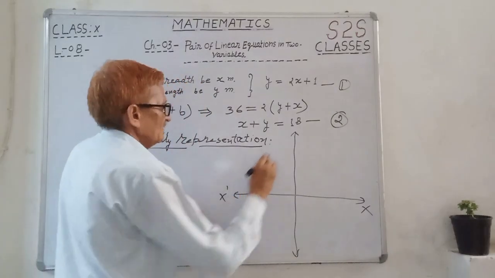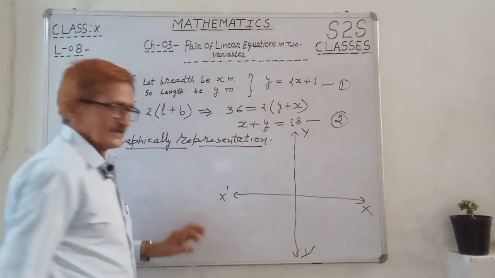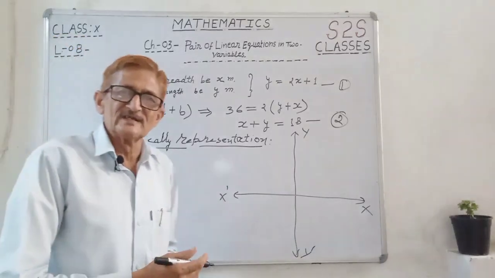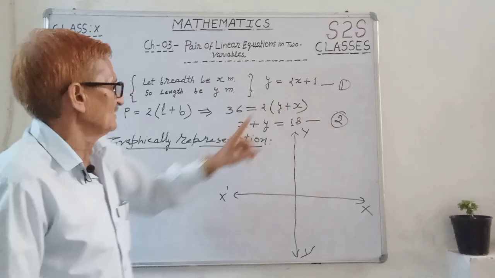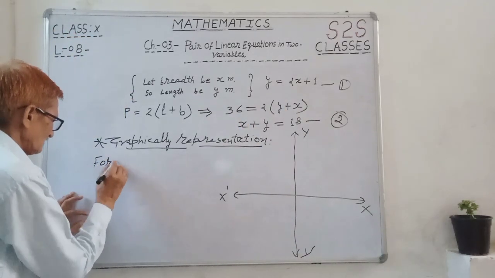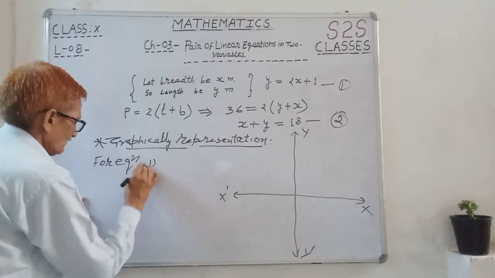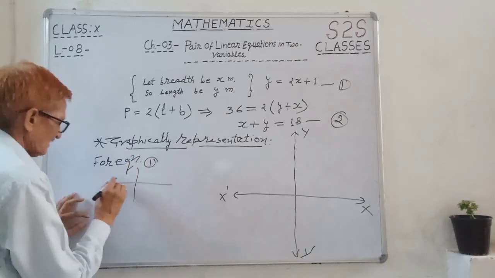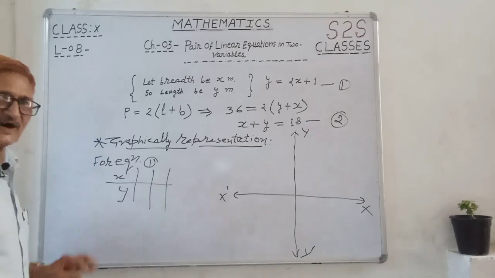X-axis, Y-axis, Y negative. You have done graph and plotting points in 9th class also. So we have to take equation 1. For equation 1, make the table of the values of x and y.